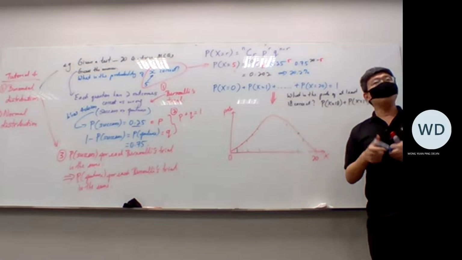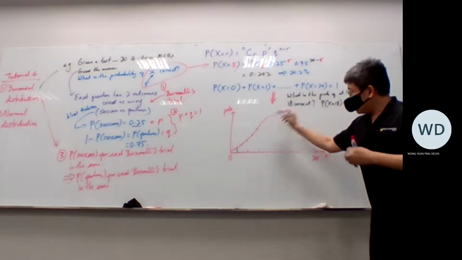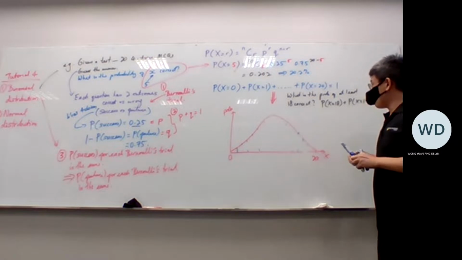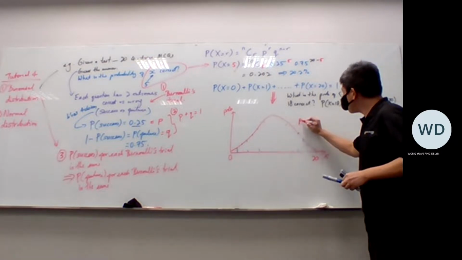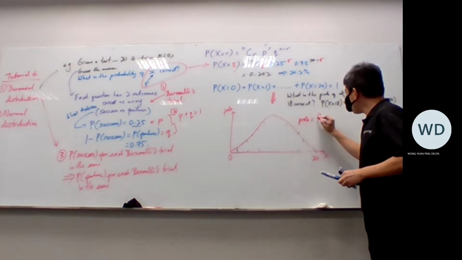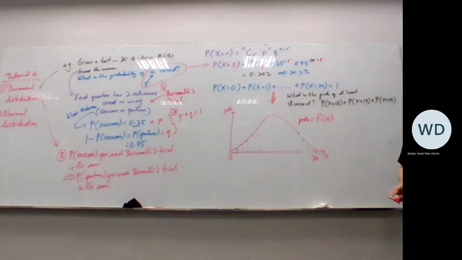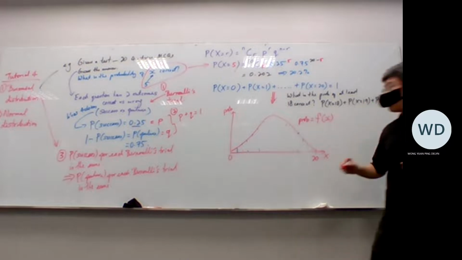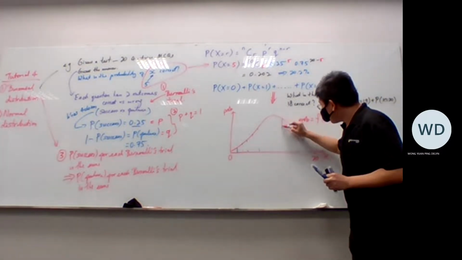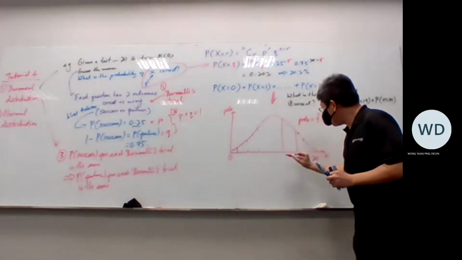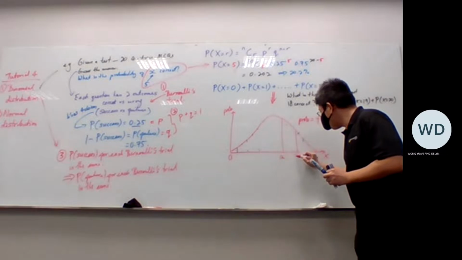So I can use it to estimate the equation. Your probability will have a function of x. Then if I want to calculate the area under it, let's say I want to calculate the area between 12 and 15.